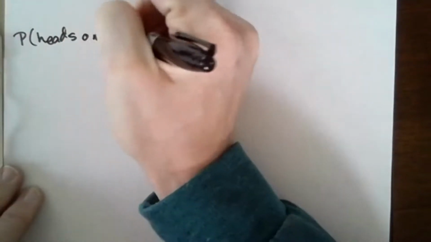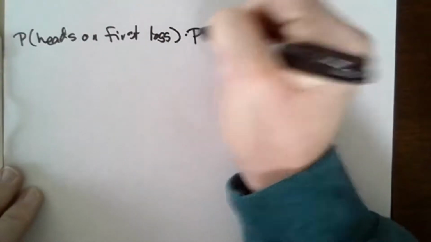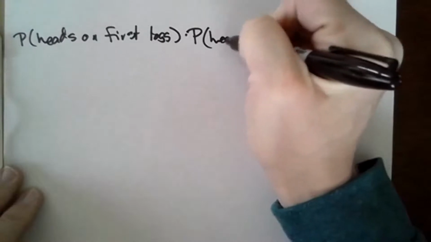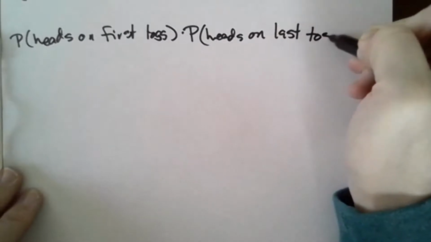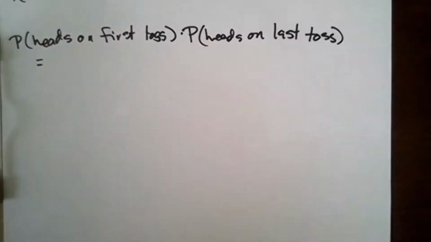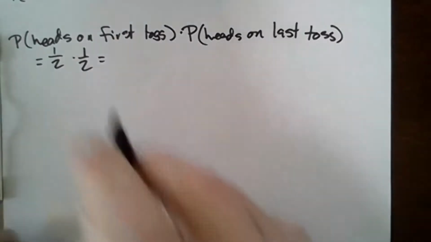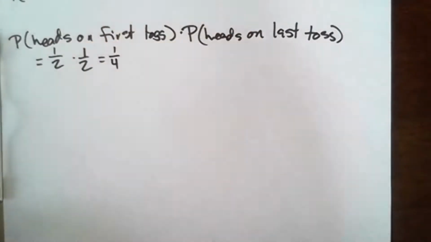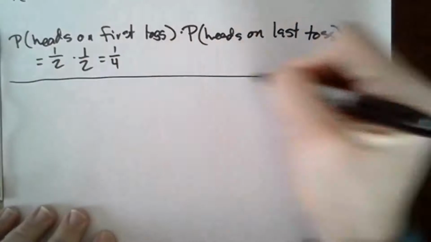Well, that's the probability that there is heads on the first toss times the probability that there's heads on the last toss. But the probability of getting heads on any single toss is 1/2. So 1/2 times 1/2 is 1/4, and that is our probability of getting heads on the first and last toss.